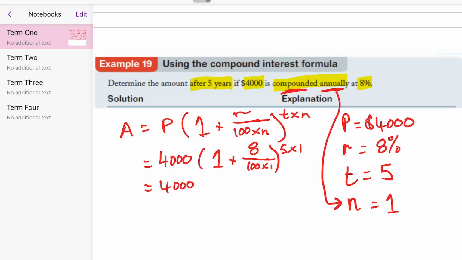When using your scientific calculator, I recommend tidying up the brackets before you actually do the full calculation. Tidy what you can up, then do the whole lot together, okay, on your calculator, and you should end up with the answer of $5,877.31. 2 decimal places, remember, for money, okay?